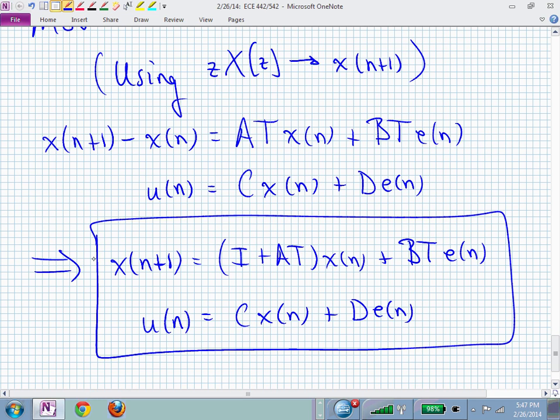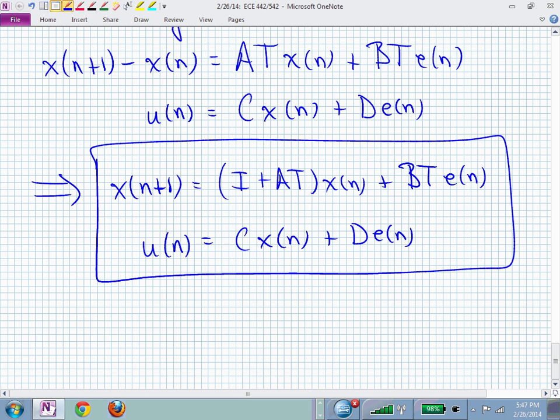And that should be the structure that we had identified in that table, meaning this is now our system matrix in the discrete time, discrete equivalent using the forward rule for numerical integration. Our system matrix phi is just whatever is scaling x at time n, and that's I plus A T. And that could be a 12 by 12 matrix.